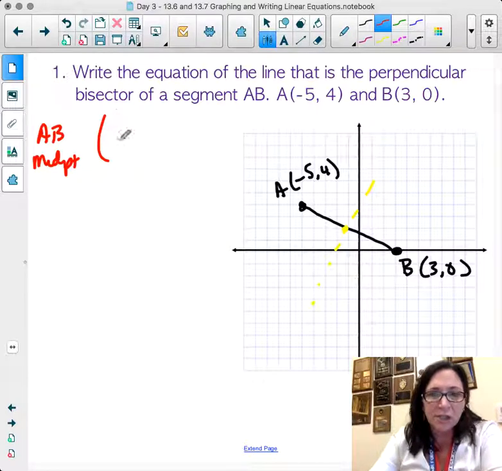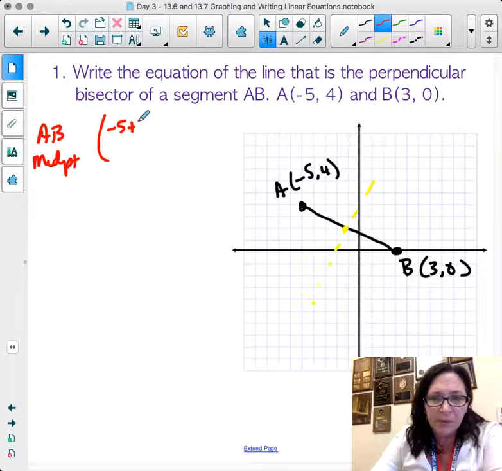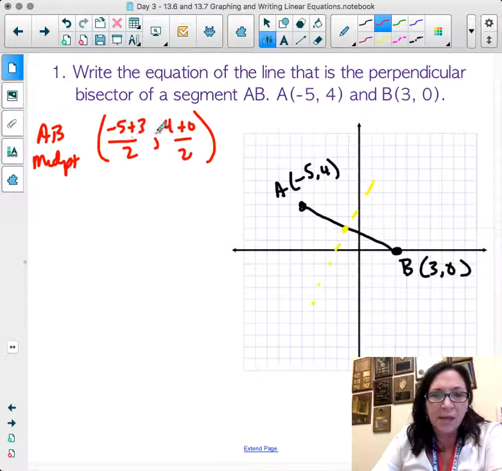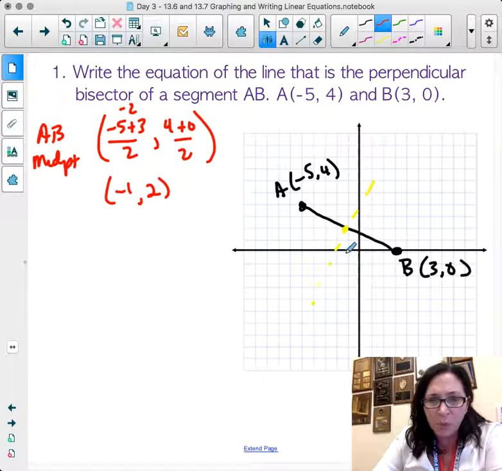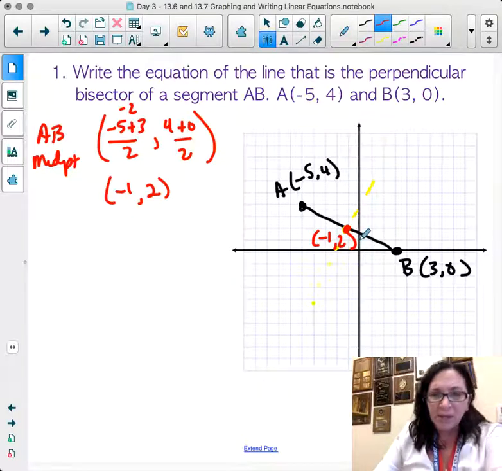So we go -5 plus 3, divided by 2, and 4 plus 0, divided by 2. -2 divided by 2 is -1. 4 divided by 2 is 2. So that's my midpoint: -1, 2.